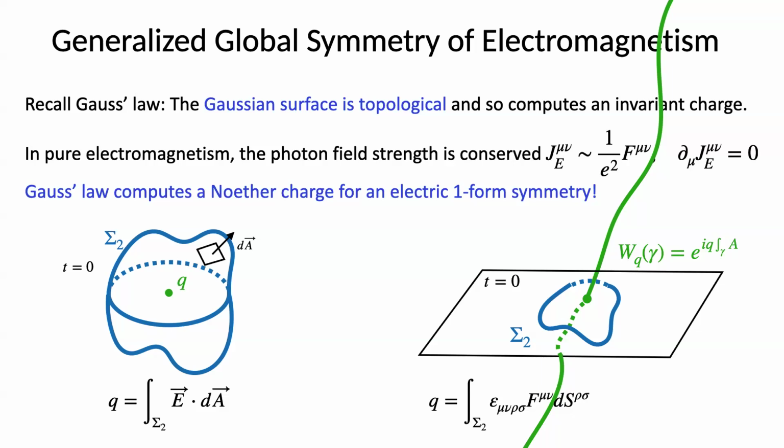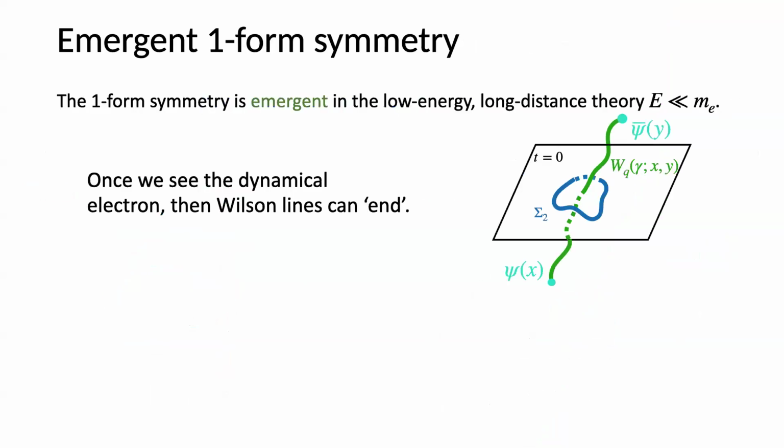Now, I was clear to say here that I was working in pure electromagnetism, and the reason is that this electric one-form symmetry is an emergent symmetry in the low energy theory of the real world at distances much longer than the electron Compton radius.